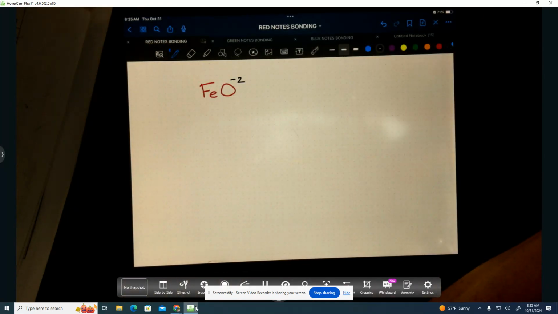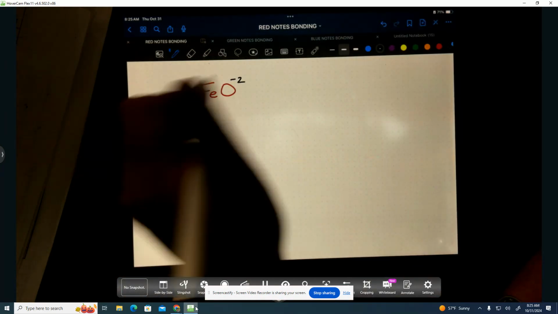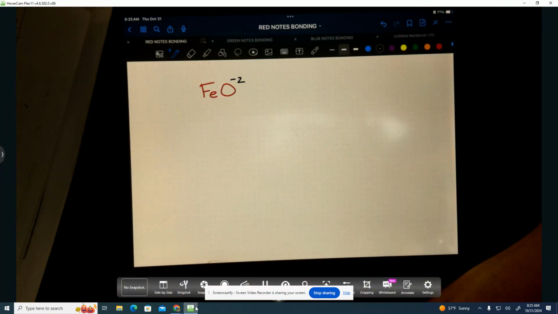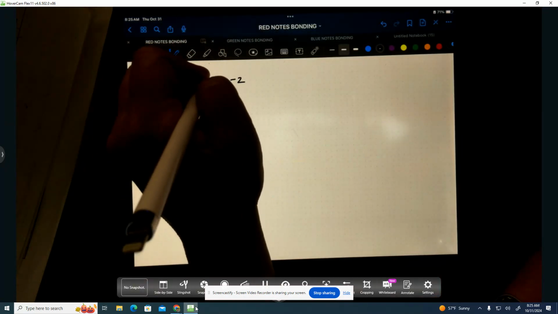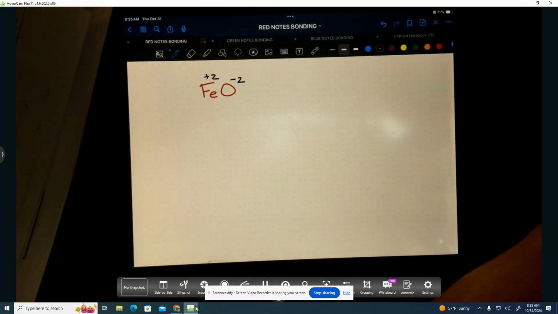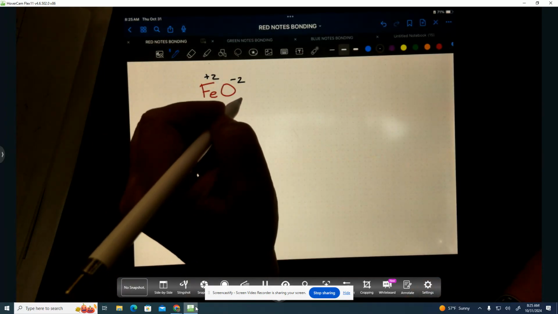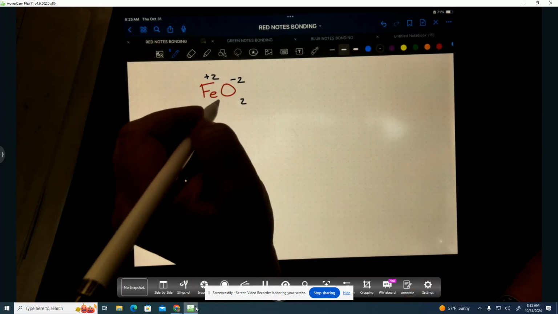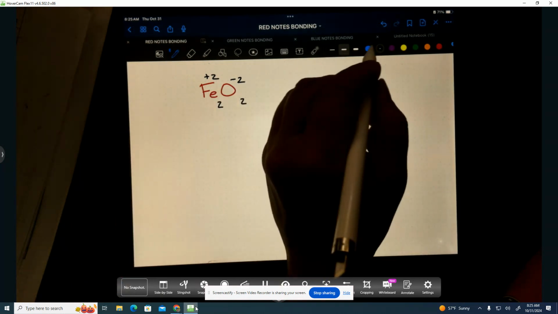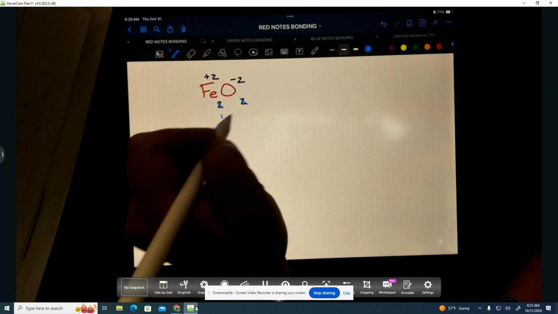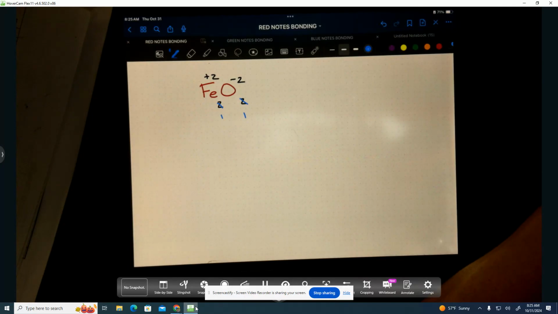Let's look at oxygen. What's its charge going to be? -2. If that one is a -2, and I know that the whole thing has to add to 0, which one was used here for the iron? The +2. Okay? That 2 from the oxygen came down on the iron, and these reduced to 1 and 1, which is why I ended up with FeO.